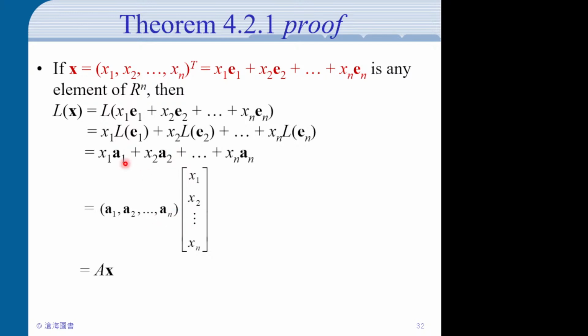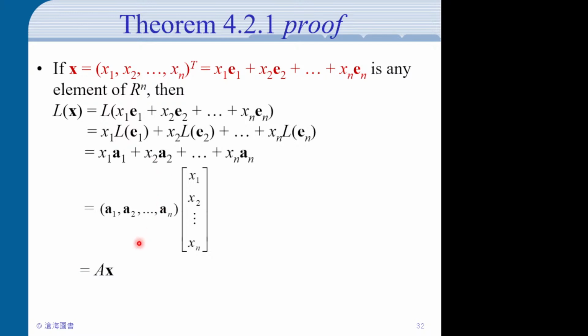And we see that this linear combination is like a matrix multiplication. You take A1 column, A2 column to AN column, and you do matrix multiplication with the x1 to xn column vector. And this is exactly a matrix multiplication.